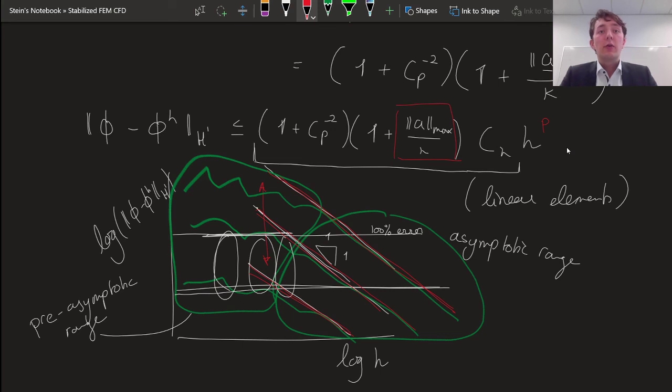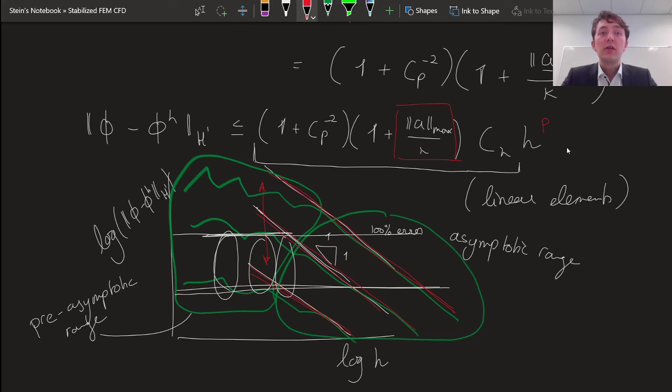Now we have another requirement though, and that is that before we reach that asymptotic range, we also want to have solutions that may be useful. The issue here is that for the equations that we're dealing with in fluid mechanics, we typically never really reach this asymptotic range. If we talk about true turbulent simulations, so Navier-Stokes, at large scale, then we never get to the point where the interpolation is the dominant error in our method.